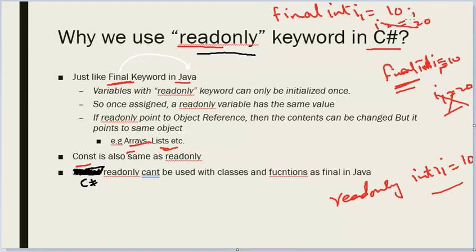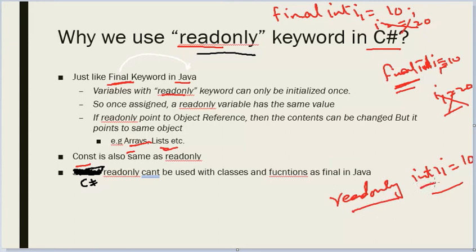We cannot assign it another value during the course of the program or in that class, because final means this variable can be assigned a value only once. In the same way, readonly in C#, because in Java there is no readonly. In Java we have final. So readonly in C# is just like final in Java.